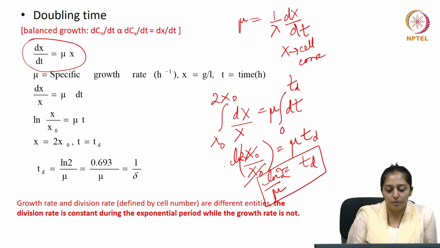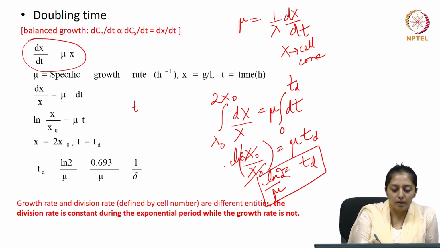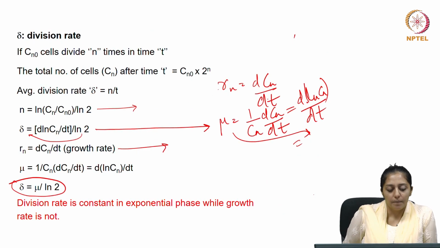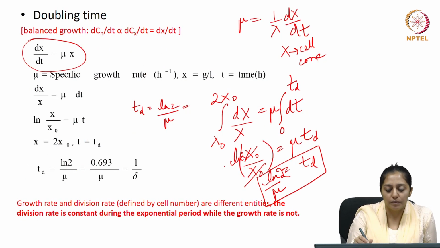So, if we substitute, doubling time was ln 2 by mu and division rate was mu by ln 2.